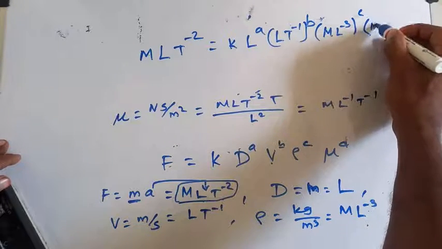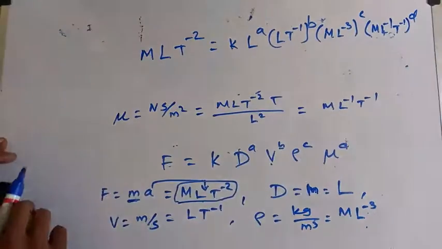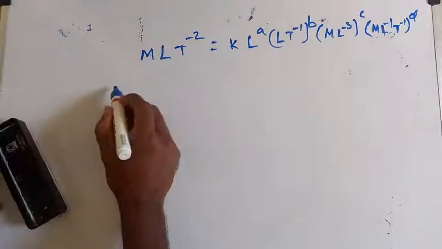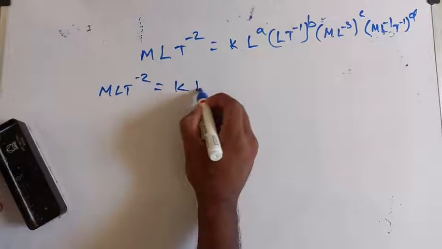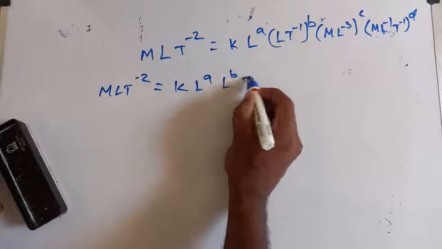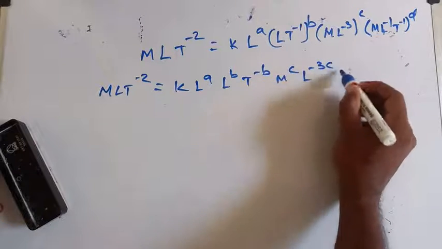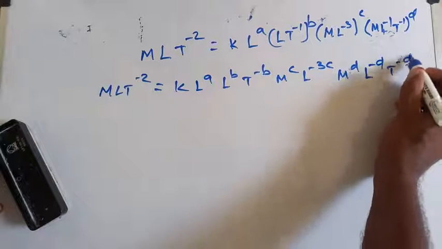Like that, for viscosity, M L power minus 1 T power minus 1 whole power d. Then I am expanding this. M L T power minus 2 is equal to k into L power a, L power b, T power minus b, M power c, L power minus 3c, M power d, L power minus d, T power minus d.